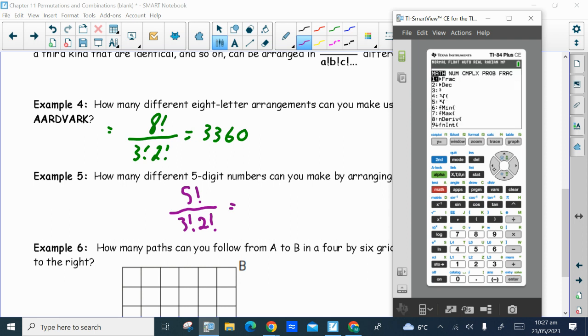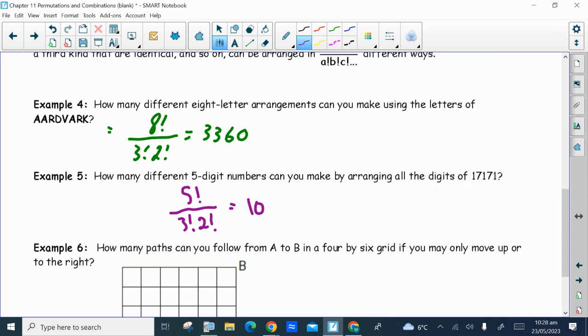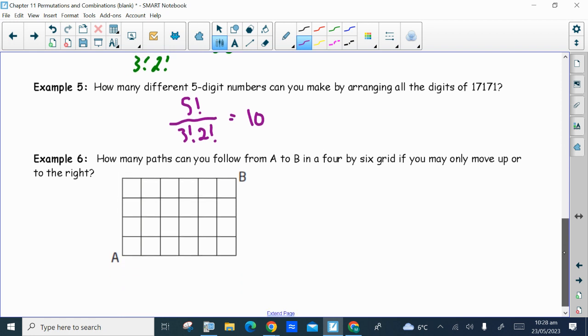So once again, we need to use brackets here. 3 factorial, which is 6, times 2 factorial, or 2. That gives us 10 different arrangements of those 5 digits.